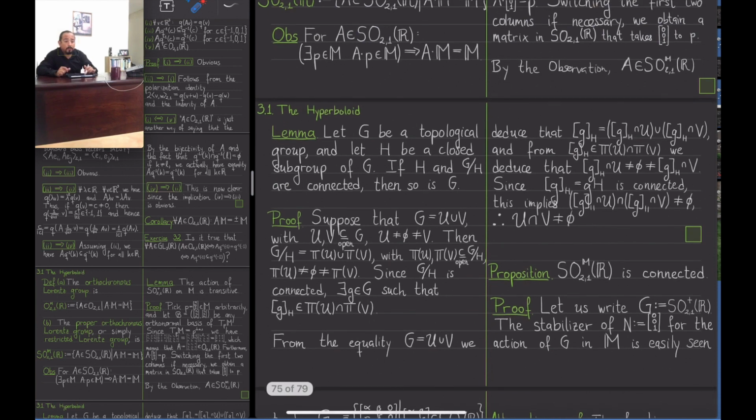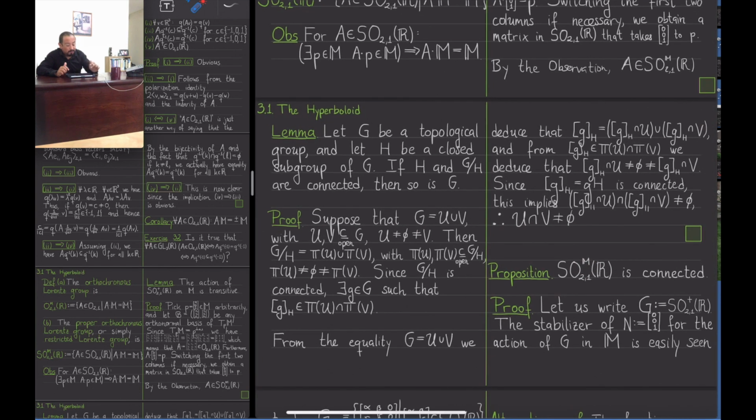One proof that is useful because it can be applied in more general settings more easily, and another proof which is very ad hoc to the fact that we are working with this very specific space.